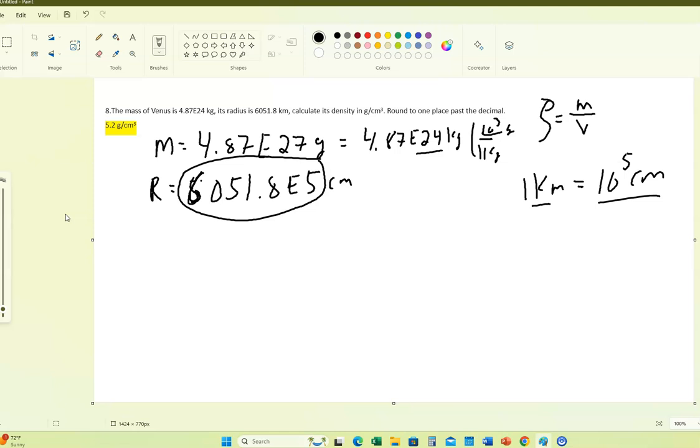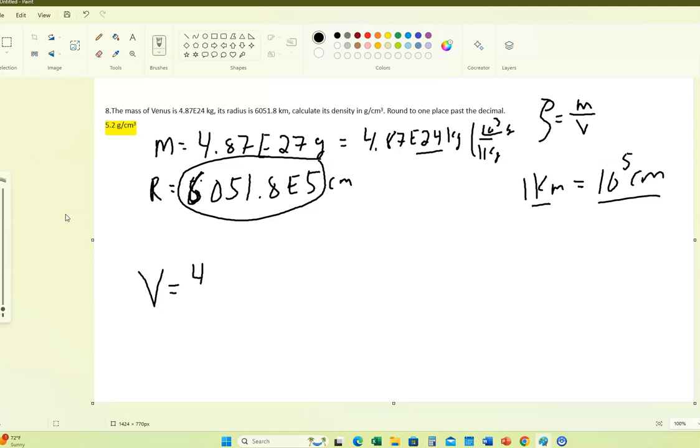Now the other thing that we have to do is calculate the volume, right? And this is a planet. Most things in astronomy are spherical, just because of self-gravitation. If it's large enough to self-gravitate, it always self-gravitates into a sphere.